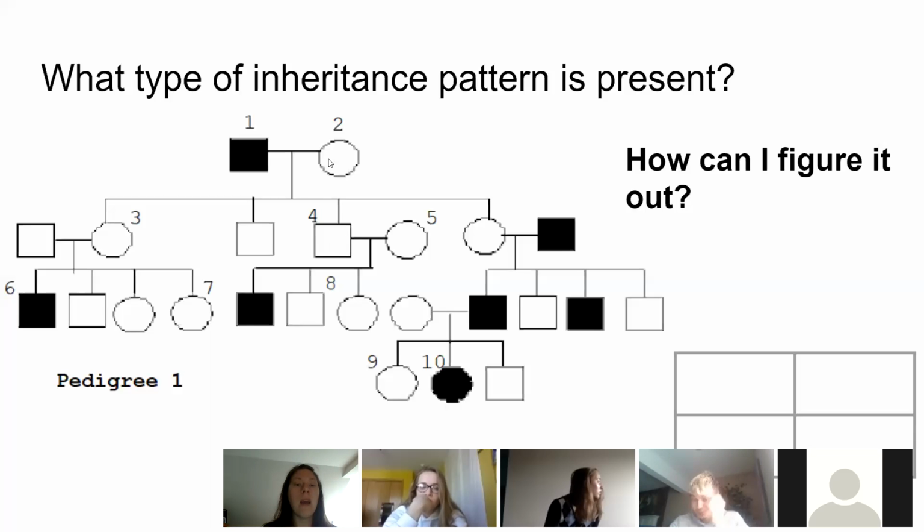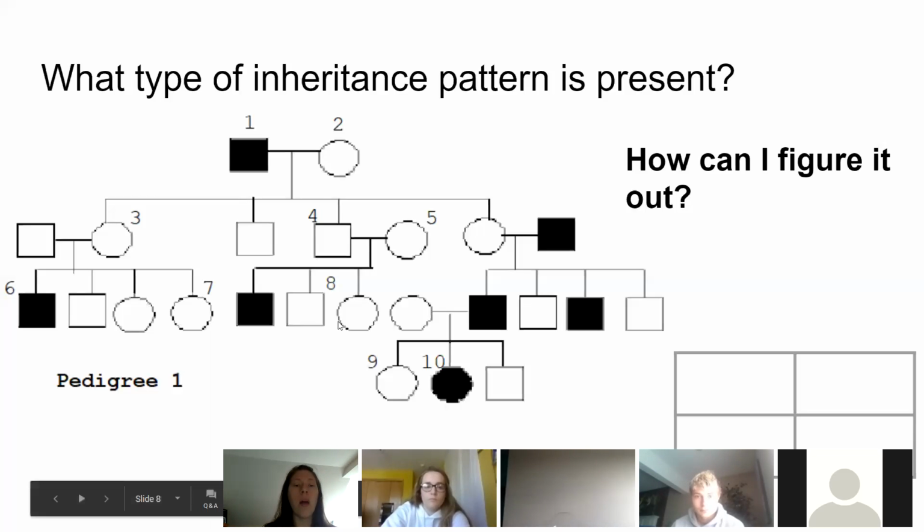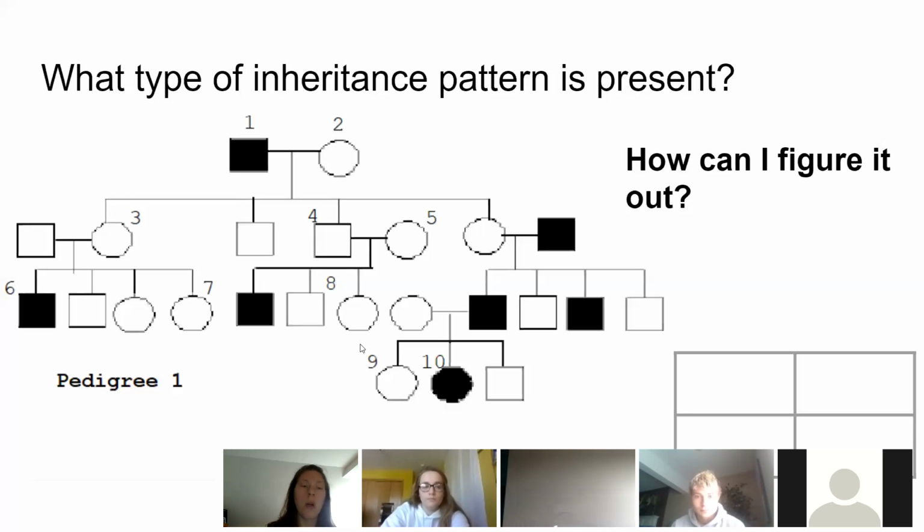If mom's a carrier, she could give genes to her daughter here or here, and they would be able to then pass that on, like to this son. So it's a lot of trial and error. I really write on these a lot when I'm trying to figure out what I know and what I don't know, to work my way backwards, depending on what question I'm being asked or what they're asking me to determine.